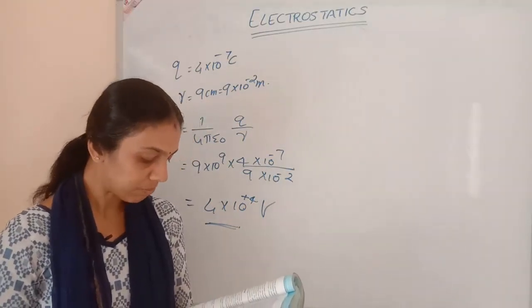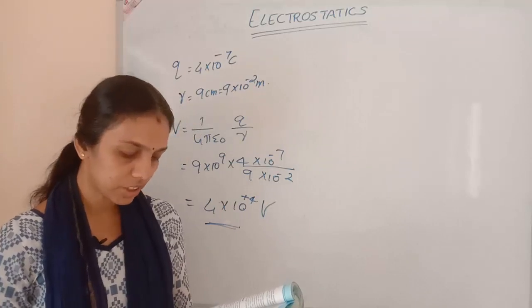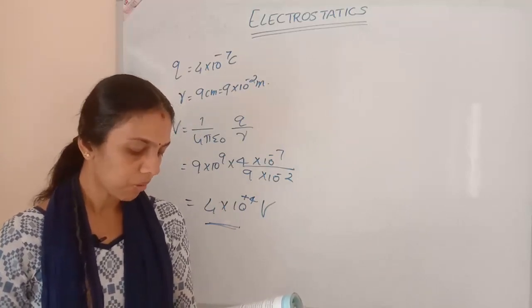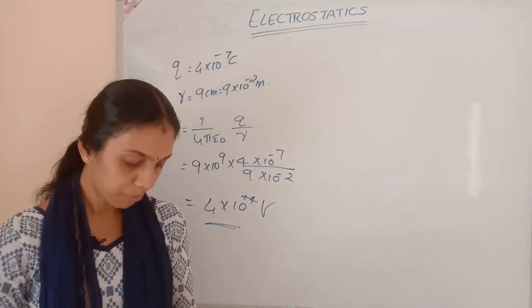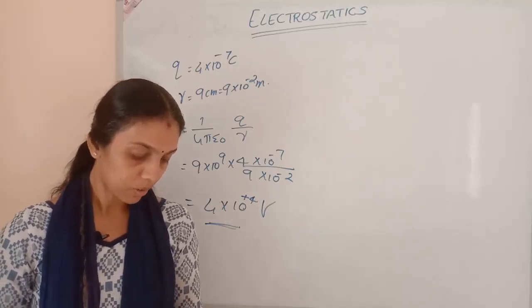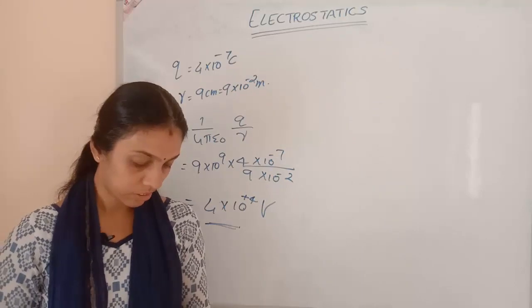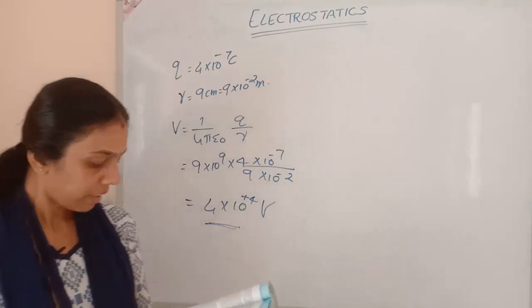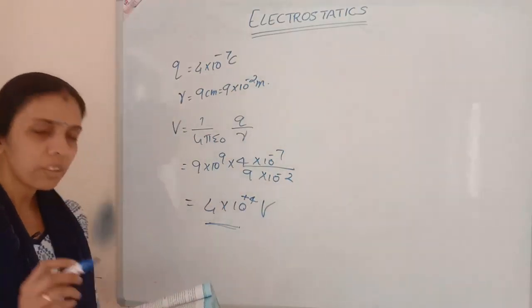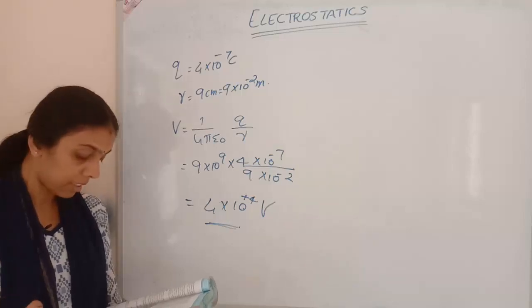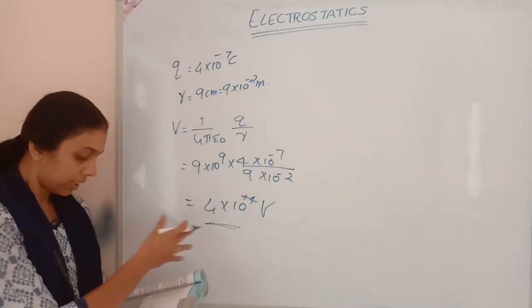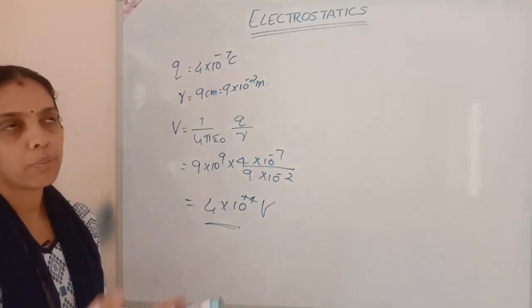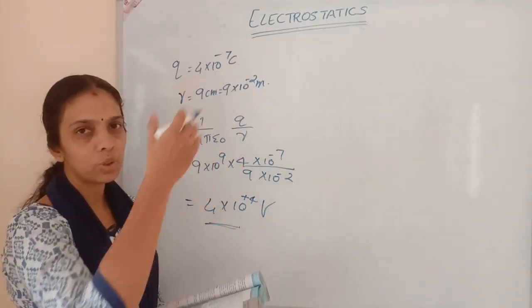Hence obtain the work done in bringing a charge 2 into 10 to the power minus 9 coulomb from infinity to that point P. Does the answer depend on the path along which the charge is brought? Here we should find out the work done in bringing a charge from infinity to this point.